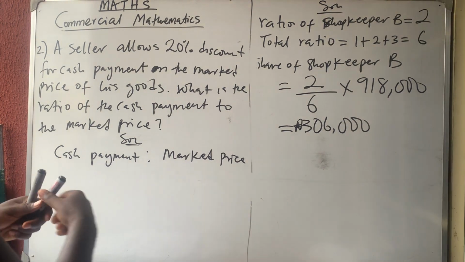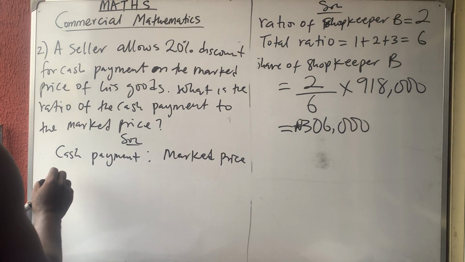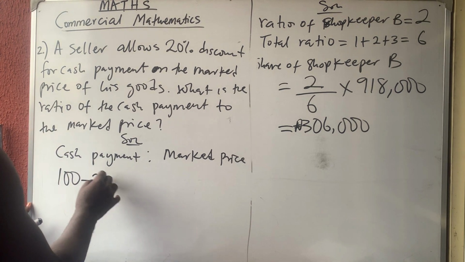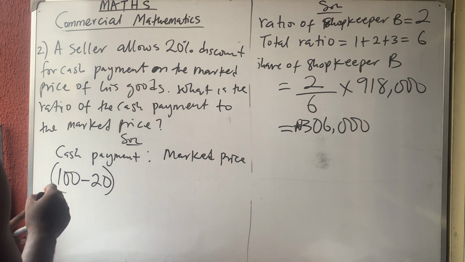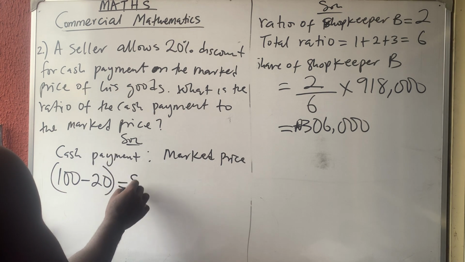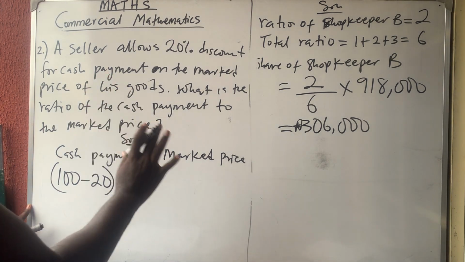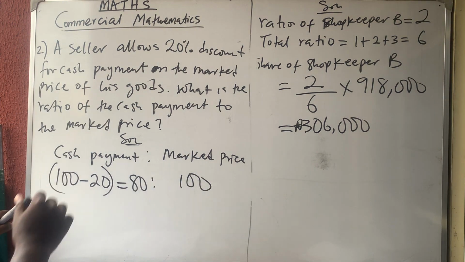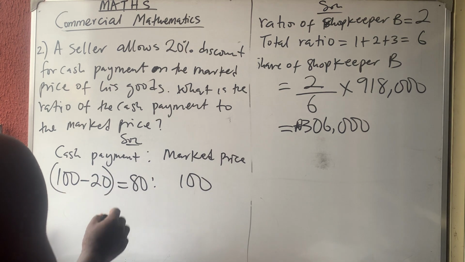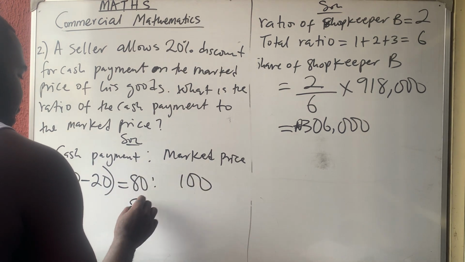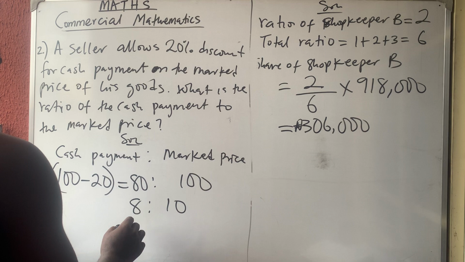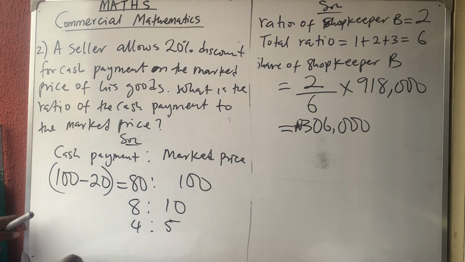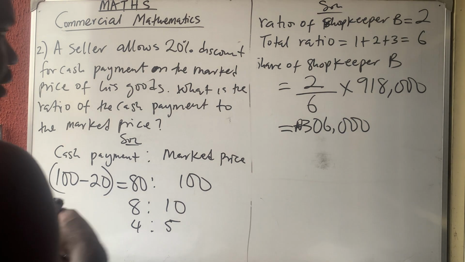So from the 100% of that money, he will remove 20% for you. Therefore the cash payment is 80, but the marked price is the original price, which is 100. So the ratio is 80:100. Keep dividing: 0 cancels 0, you have 8:10, 2 still divides, you have 4:5. So the answer is 4:5.